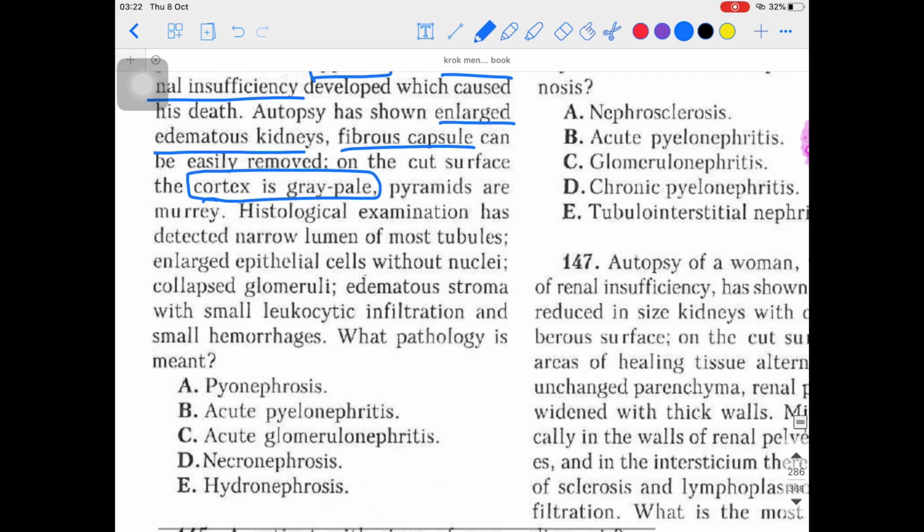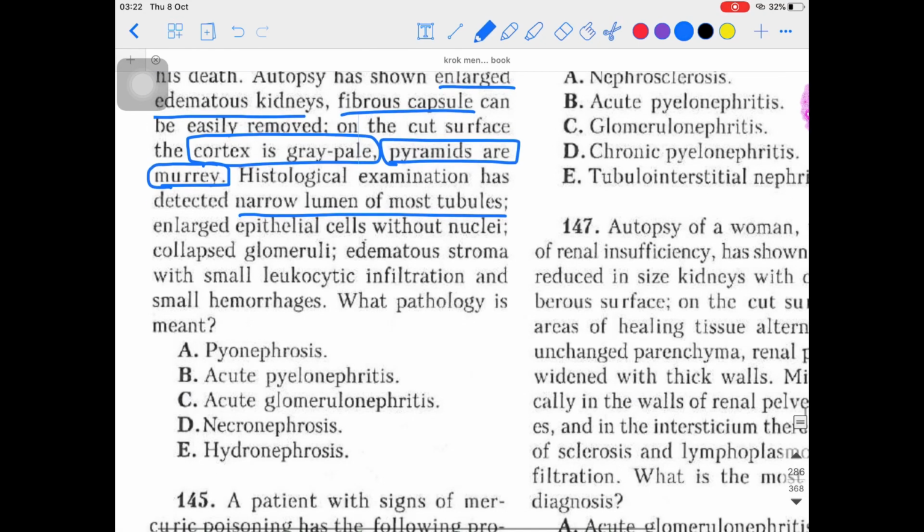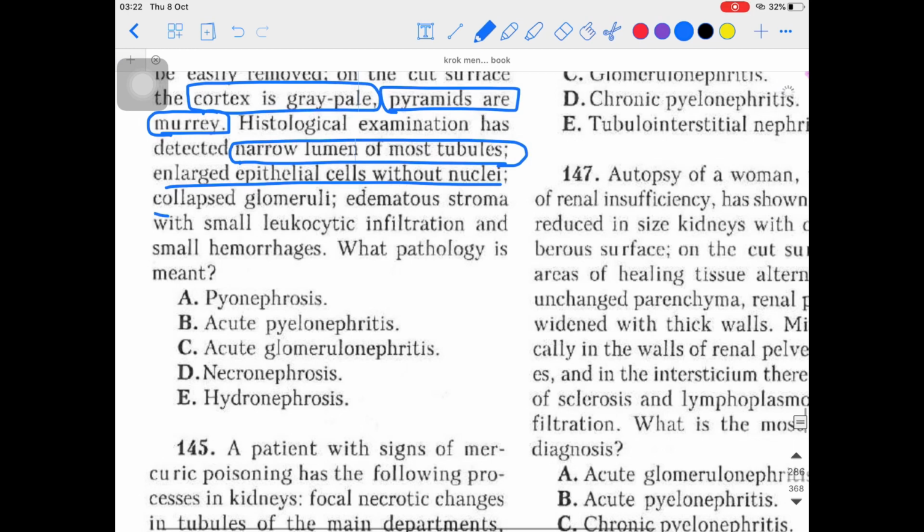Pyramids are murray. Histological examination detected a narrow lumen of the most tubules. Cortex is grey pale, pyramids are murray, which means darker in color, and enlarged epithelial cells without nuclei, narrow lumen of most tubules, collapsed glomeruli, edematous stroma, small leukocytic infiltration, and small hemorrhage.